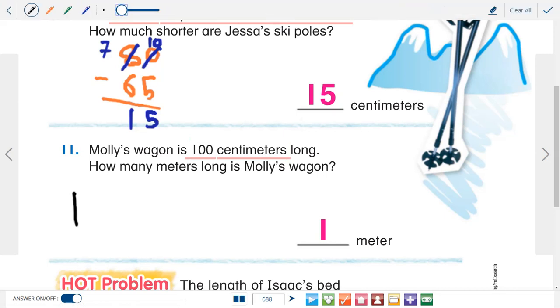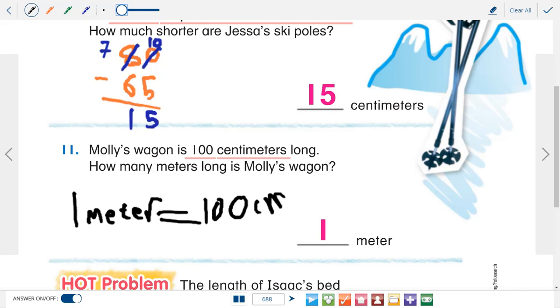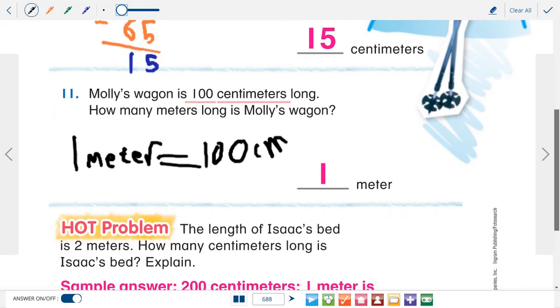When we said that 1 meter, I'm trying to make it clear, okay? 1 meter equals what? 100 centimeters. We wrote this. That's why, because it is 100 centimeters long, that means it equals 1 meter. Okay, 100 centimeters equals 1 meter.